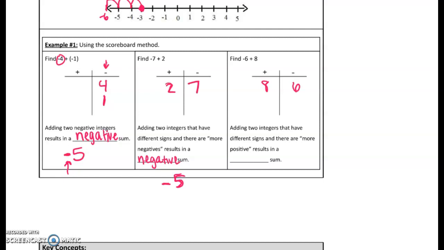So 6, 7, 8. So we are 2 away. So we have 2 and the positive team is winning. But whenever we have a positive, we don't actually have to put a plus sign in front of it. So whenever we have more positives, that gives us a positive sum. So that's kind of how I think of it.